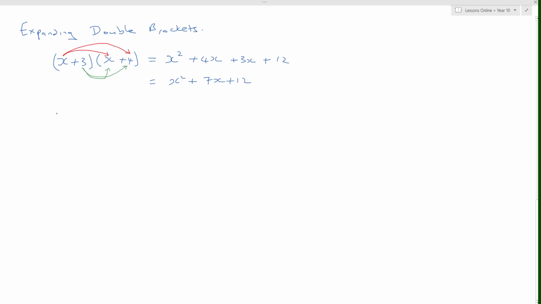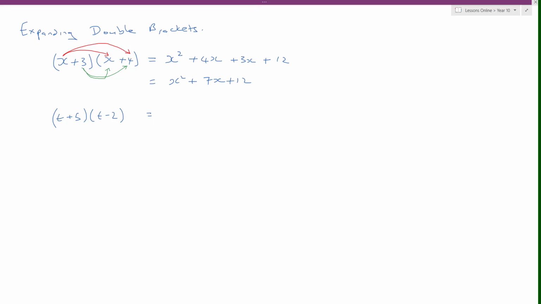So we've got another one. If we have t plus 5 and t minus 2, the same thing again, we use t first to multiply everything in the second bracket.